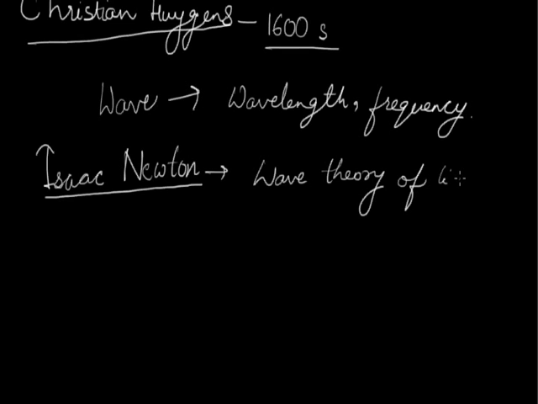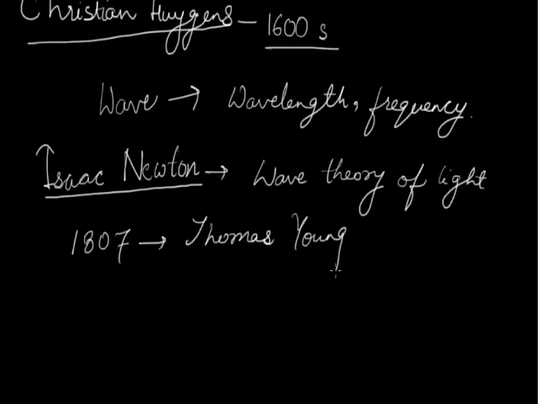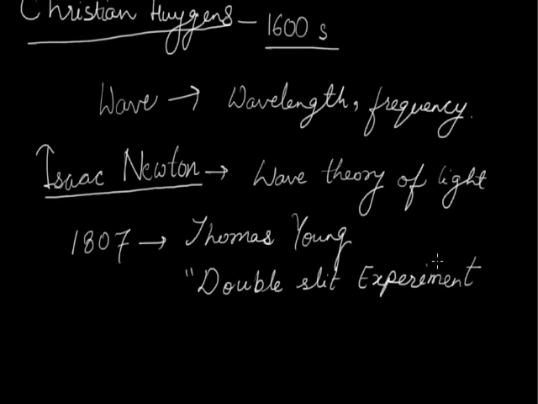But in the year 1807, Thomas Young, a physicist, backed up the theory given by Christian Huygens by his famous experiment on interference, the double slit experiment, in which he effectively showed that light behaves like waves.